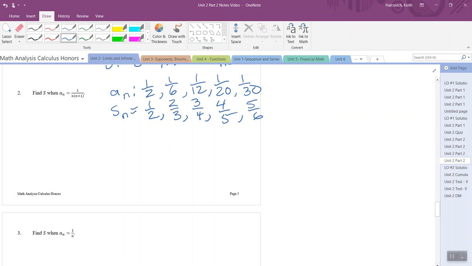The explicit definition of the sum: well, if you notice, the numerator is n, the denominator is n plus 1. So the limit as n approaches infinity of the sum, which is n over n plus 1, observing highest powers, we get 1 over 1, which is just 1.